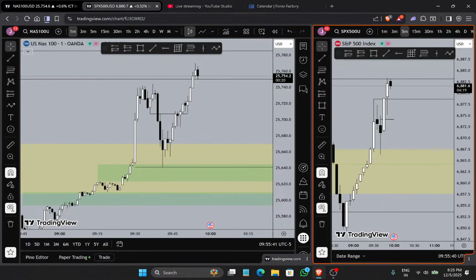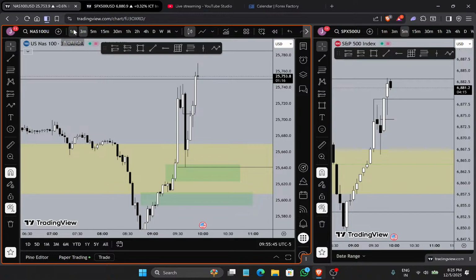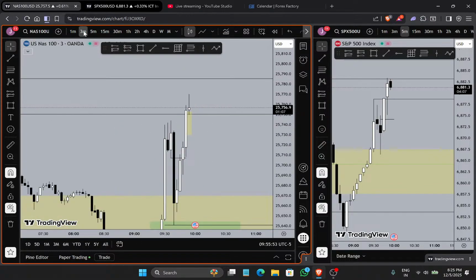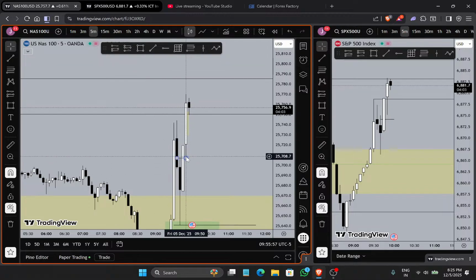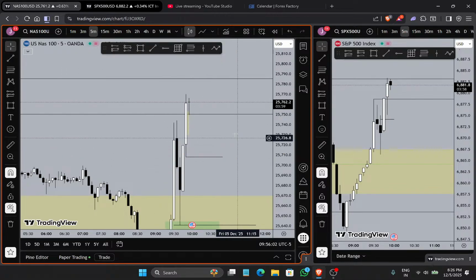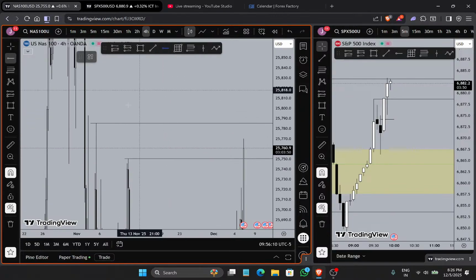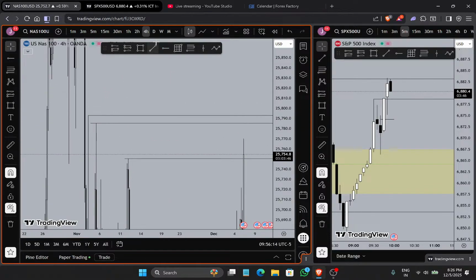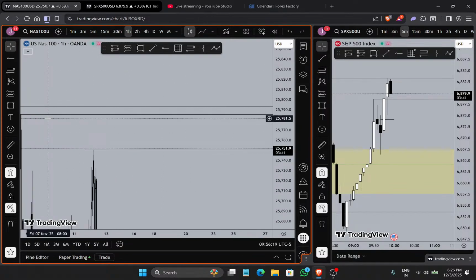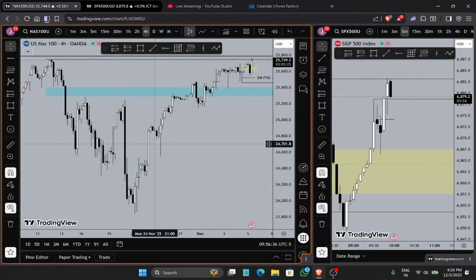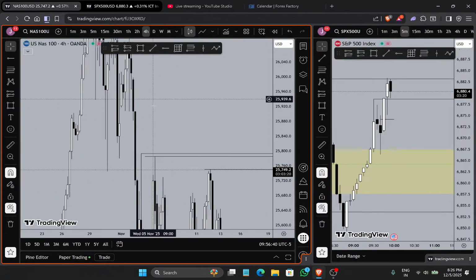We get a great shot to the downside. So this may be the best way we can get throughout the day, will be capping with hot.